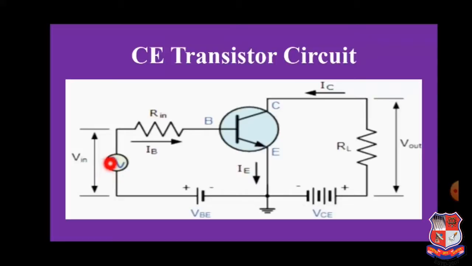Additionally, an AC generator has also been connected to supply some additional input voltage from this externally connected input resistance R in. So the current flowing into the base terminal is IB. The current coming out from this emitter terminal is IE, but we will not consider this particular IE in the calculation because this terminal has been grounded.